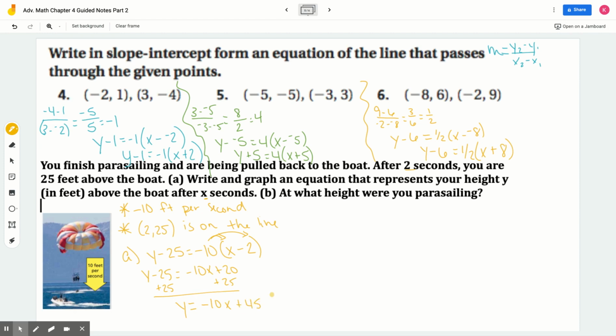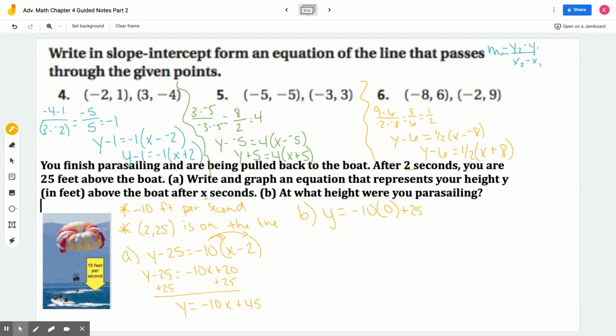So for part B, at what height were you parasailing? So at what height did you start? For part B, we can say that the time is 0 at the beginning, which is 0 seconds. What was our height? We can take our equation here and plug in 0 for x because that's our seconds.